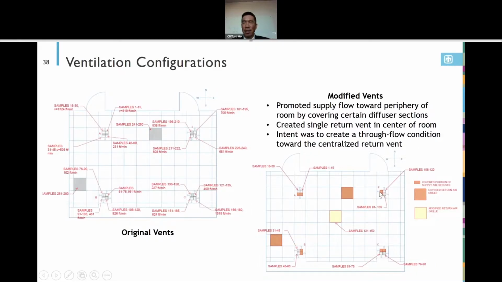So from the inlet, all of the flow is coming towards the periphery, and then we covered the original intake return vents and popped open a ceiling tile and just made a central return. It turns out that above the ceiling, it was just all a plenum. There wasn't any ducting, so if you pop a tile, the air would just return through that opening.